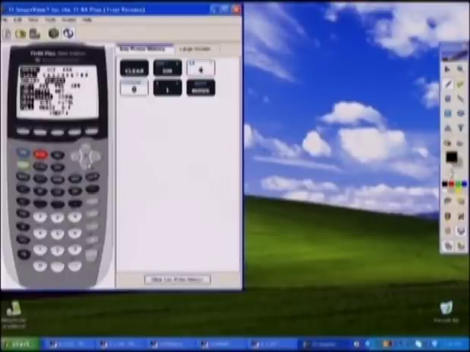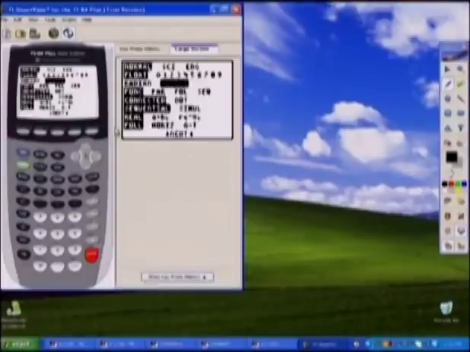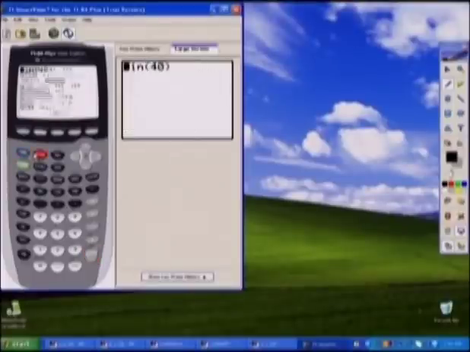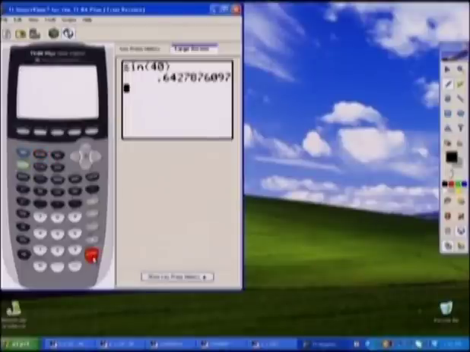If you're not in degree mode, you can change to degree mode by hitting your down arrow and then over the right arrow so that it's blinking on top of degree, and hitting enter will make sure that it is in degree mode. So that is how we can get to degrees. And we want to quit to get off of that screen, come back and hit enter.